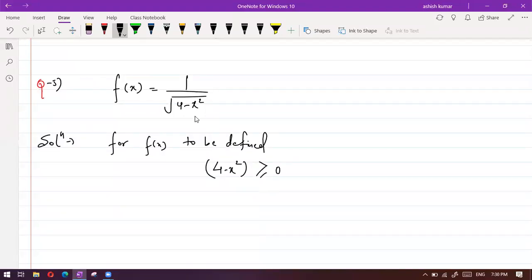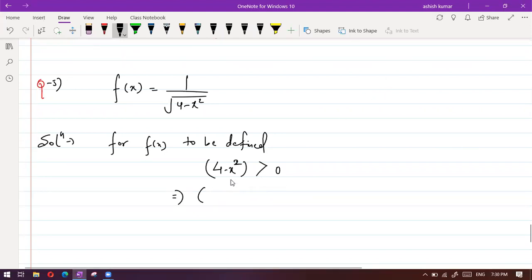But we cannot take it 0 also, because if I take 0, the denominator will become 0 and that will make my f(x) not defined. So here the inequation will be strictly greater than 0. This thing is clear.